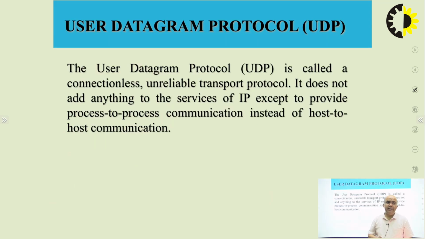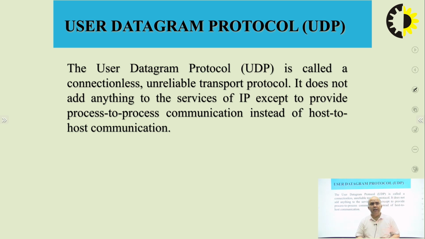Next is the User Datagram Protocol. As its name suggests, it is a connectionless or unreliable transport protocol. In UDP, we generally don't need to create connections between the sender and receiver. The sender just directly sends the data with respect to the port numbers, and the receiver will receive it and synchronize the data at their own end.